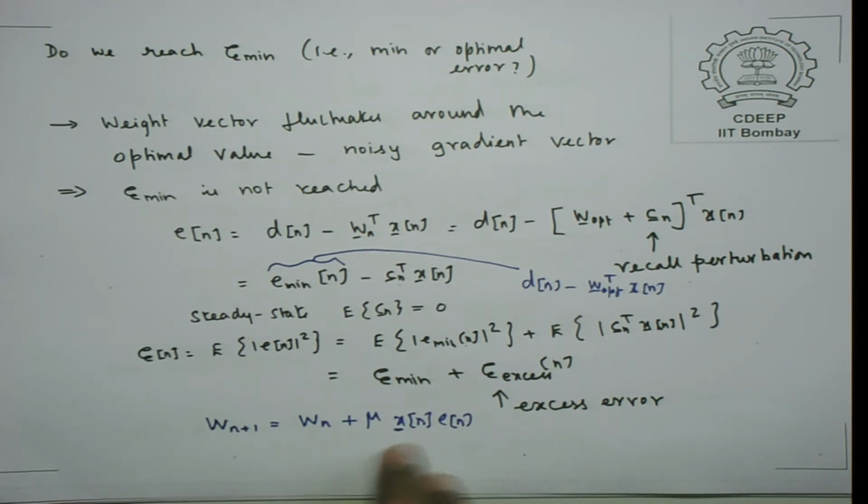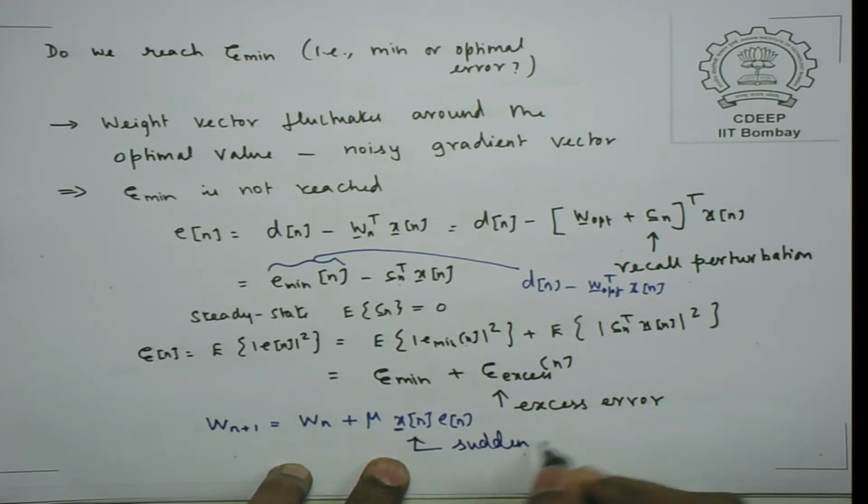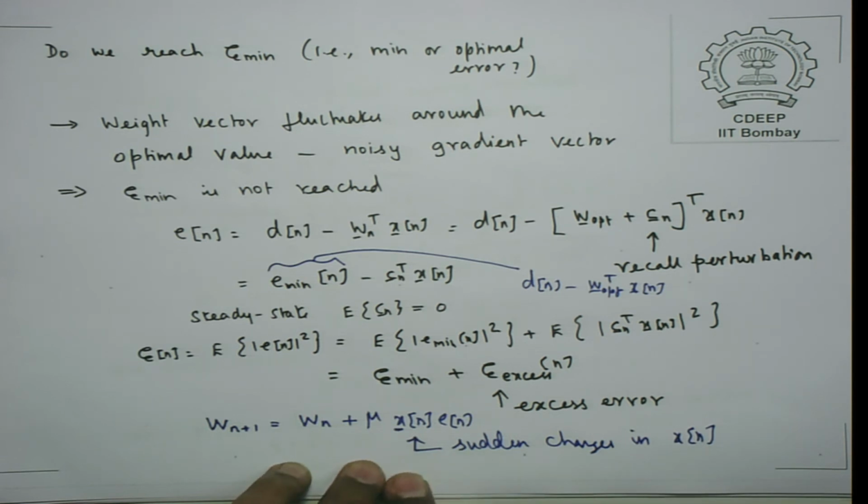So, it seems that we need a way of handling this situation, that is, sudden changes in x of n can affect the LMS convergence, and this leads us to other variants of LMS, a well known variant of LMS, which is used in many signal processing applications.